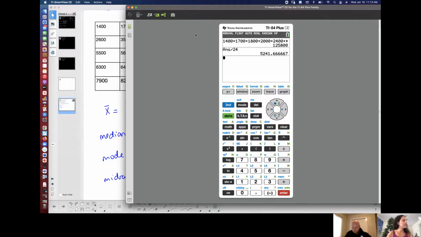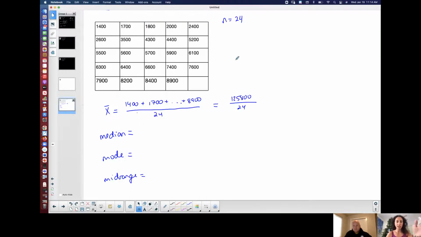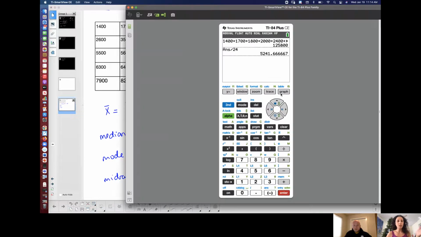Now, they're going to tell you how they want you to round. I think sometimes they'll say 1 decimal, 2 decimal, you know, it'll vary. Typically, the round off rule is 1 more than represented in your data set. So these are all whole numbers, so I would typically round to the tenth place, which is 1 more. Just pay attention to how they want you to round, okay?